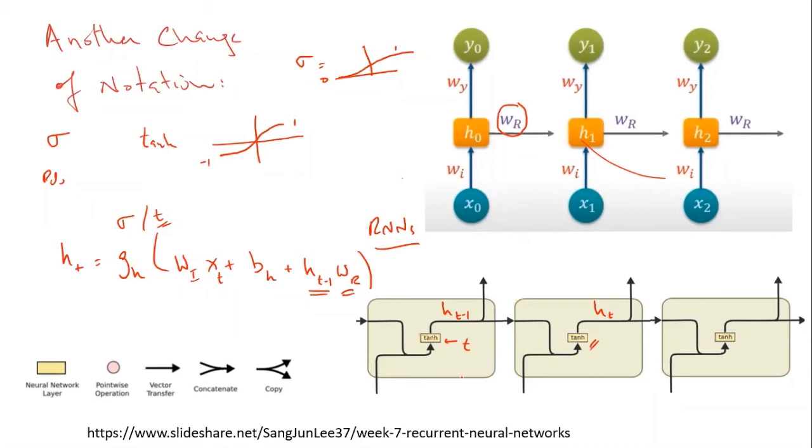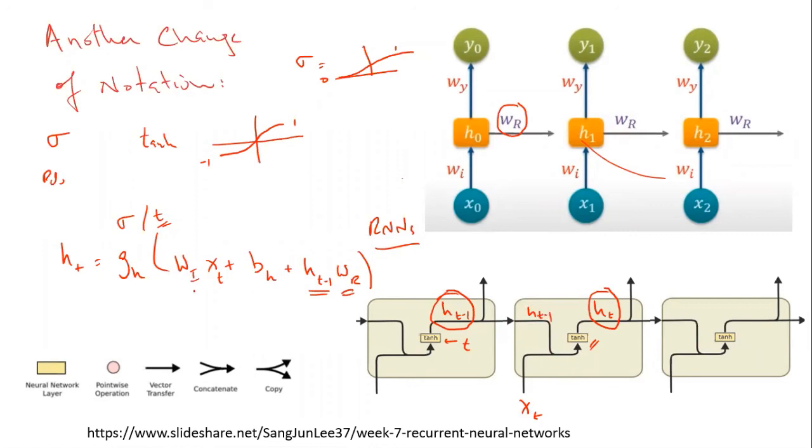So if you look at this notation, where should I put in the weights? I've shown H of t over here, and this is X of t. This is H of t -1, and H of t -1 is showing up over here, right? It's being added over here.